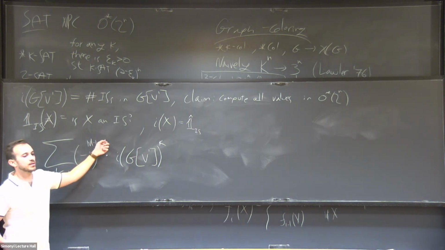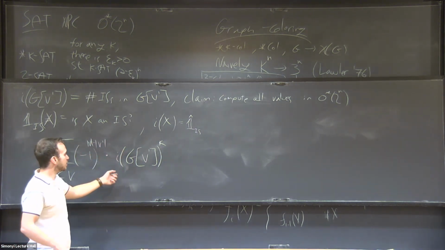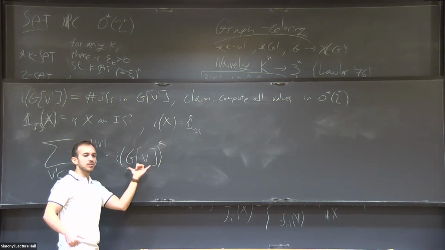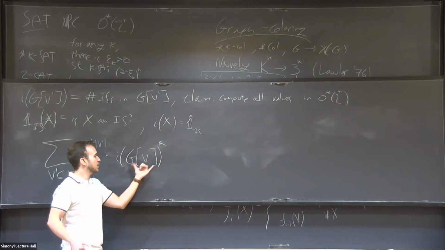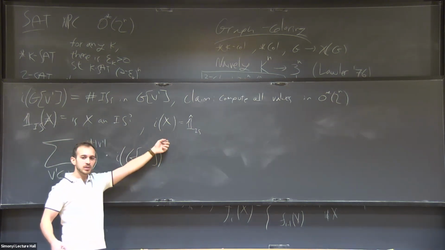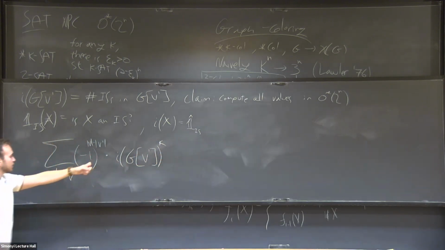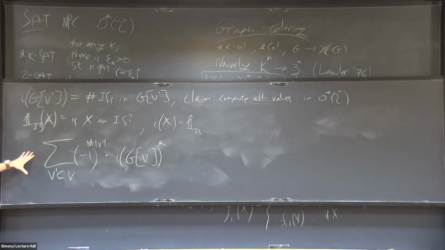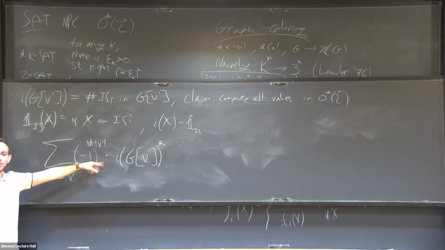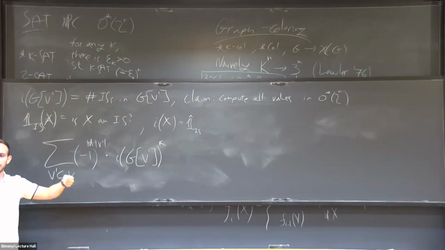It's just the parity of V prime times the number of independent sets in the induced subgraph on V prime, to the kth power. So obviously this can be computed in 2 to the n time. And what we are now going to claim is that this is in fact just an inclusion-exclusion formula for the number of K-tuples of independent sets in the graph that cover all vertices.